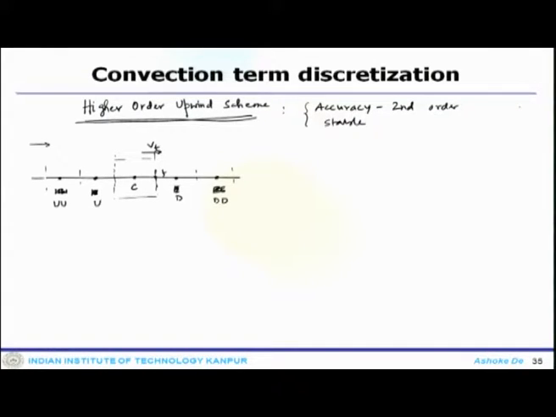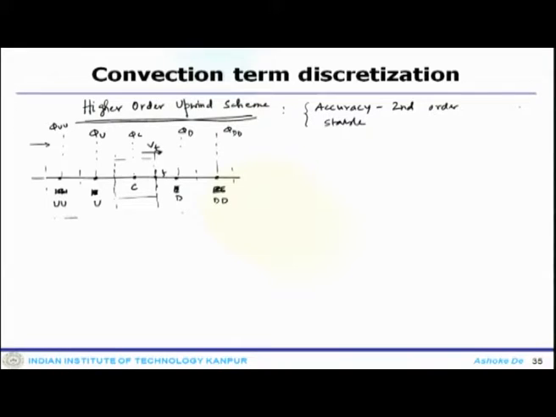The reason is that you are interested in this particular cell, and at this particular face the flow velocity direction is in this direction. So, the weight of the upstream cell would be predominant compared to the downstream cell. That is the convection, because this is the upstream cell, this is the downstream cell, and the values corresponding to this are phi C, phi U, phi UU. So, that follows our standard notation system, phi D, phi DD. So, this is what one can use.